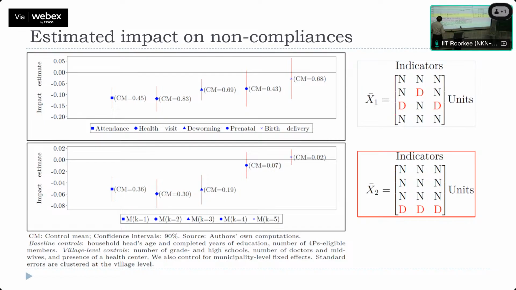Once we did the estimate, you can see that these estimates, even the confidence intervals, are strictly below 0. So these estimates are statistically significant.